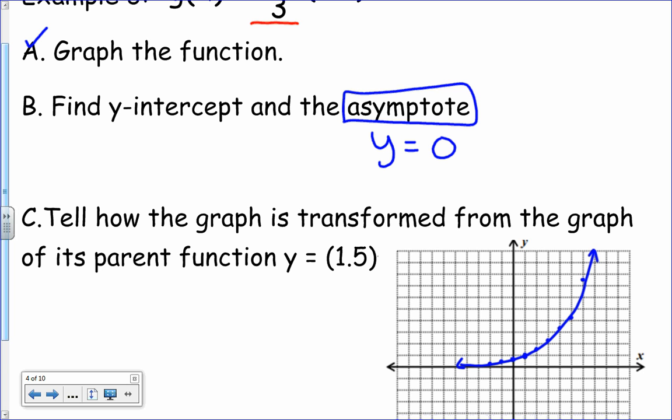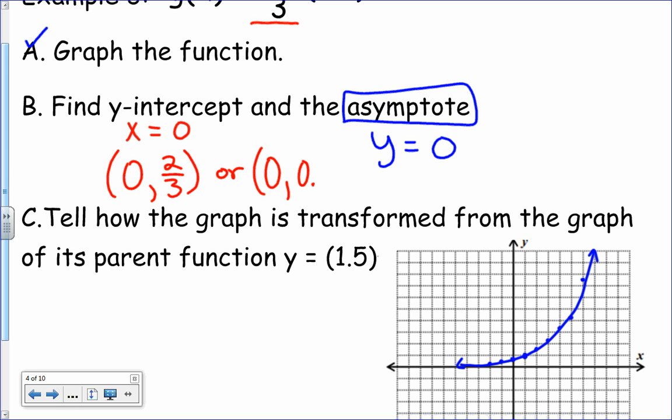Now the y-intercept, remember, for the y-intercept, the x value has to equal 0. So if you go back to your table, when x is 0, the y value is it says 0.6667. Okay? So you'd write it as 0, comma, and really 0.6667 is 2/3. But you could also write 0, comma, 0.67.